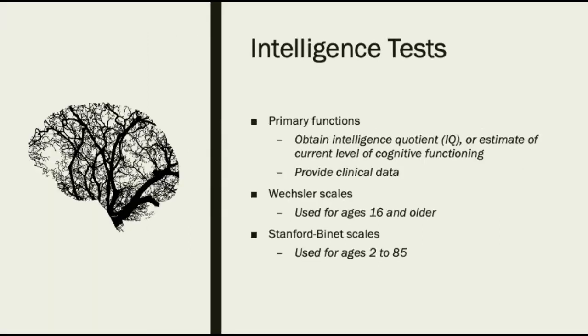These next few slides are about intelligence tests. Intelligence tests' primary functions are to obtain an IQ or an estimate of the current level of cognitive functioning and to provide some clinical data around that cognitive functioning. Two of the most popular intelligence tests that we want to be able to remember for this class are the Wechsler scales and the Stanford-Binet.